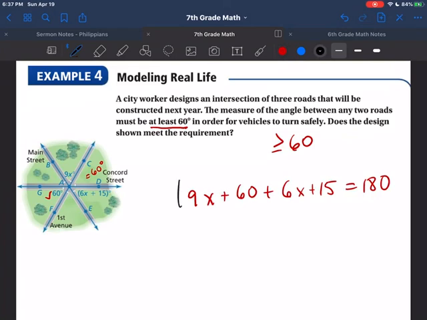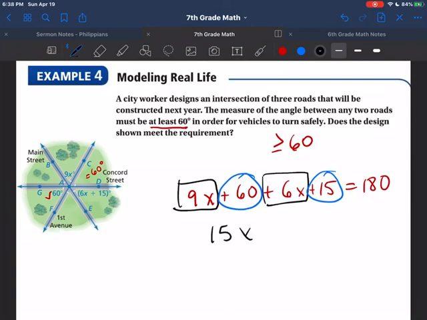There was a reason I made you guys learn how to combine like terms. Proof positive right here. So we're going to combine those, and we're going to combine these, right? And we're going to end up with 15x plus 75 is equal to 180, and we're going to solve for x.